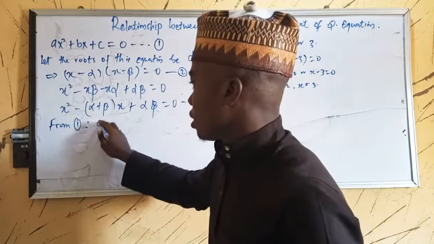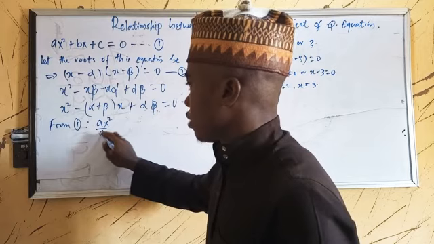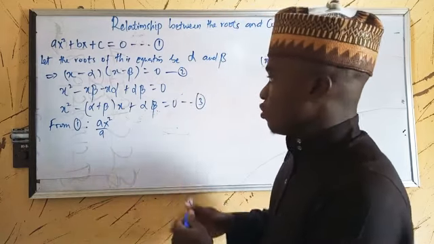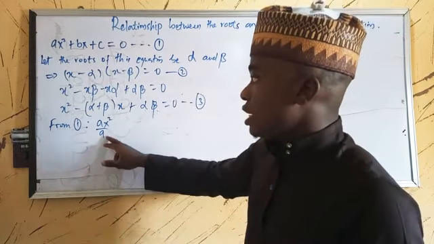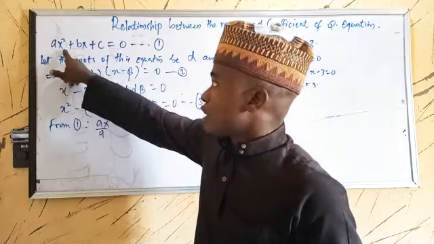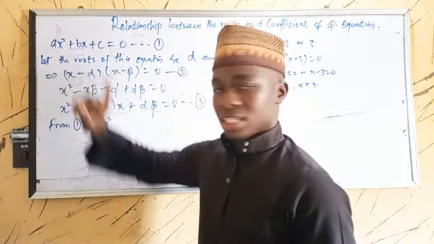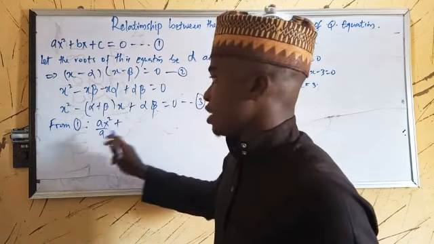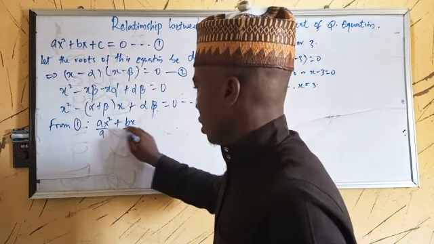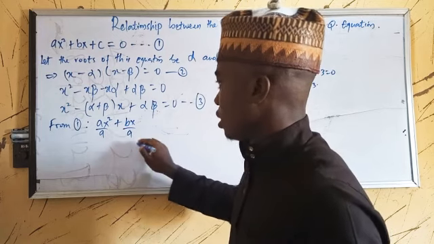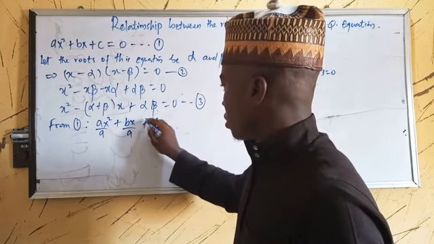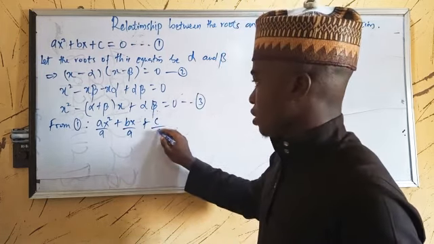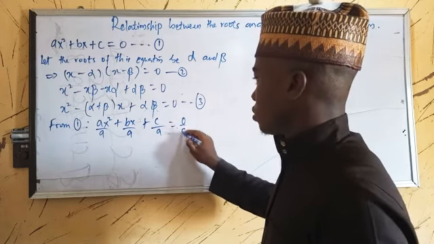Let's say we have x squared divided by a, so that it will be in the form of equation 3, where the coefficient of x squared here will be what? Will be unity, that is 1. So therefore, to do that, we need to divide through by what? A. We have bx over a plus c over a equals 0 over a.